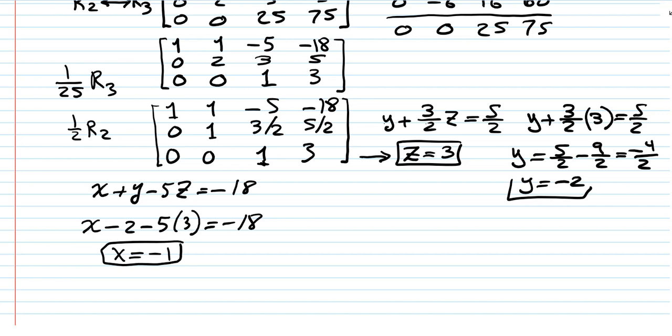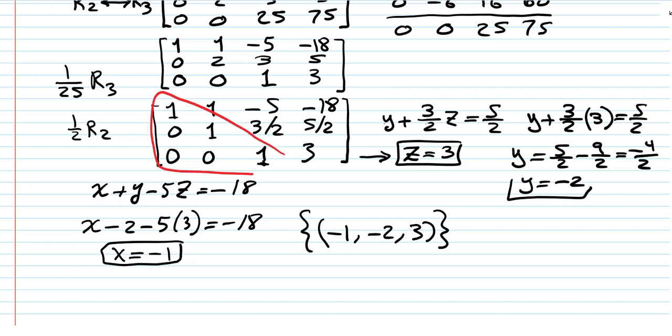Therefore, x is -1. The solution to the system is -1, -2, and 3. There you have it. And again, just want to emphasize that we have this nice triangular formation, in which you have 1s along the main diagonal and 0s beneath them.